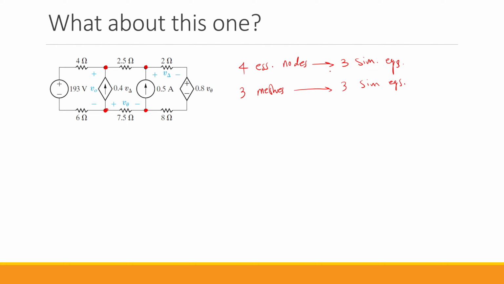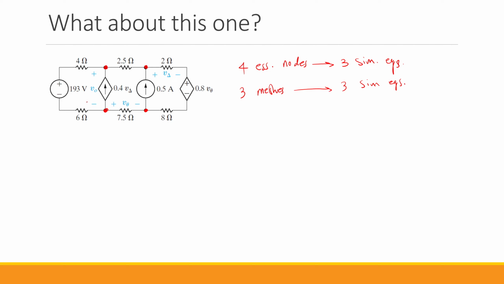So from the looks of it, it looks as if both node voltage and mesh current method are equally challenging. But are there any other factors that we can consider in order to simplify the calculations?